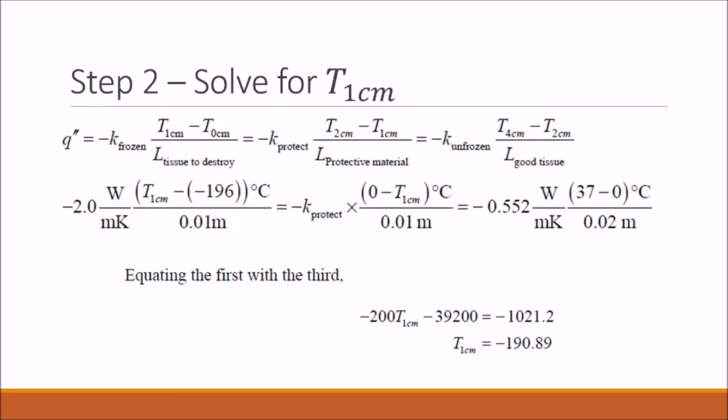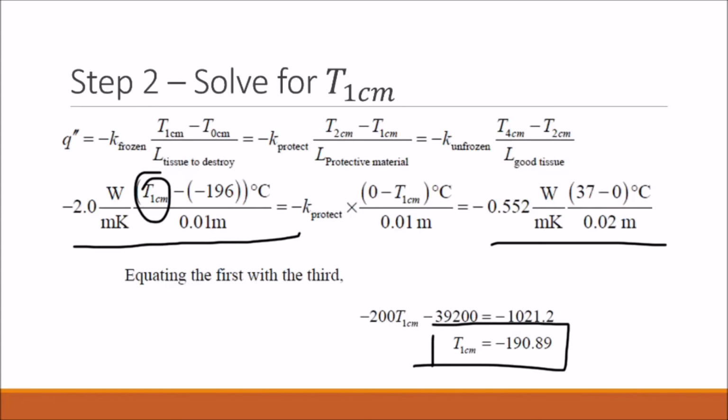Okay, so now let's solve for the temperature at 1 centimeter. If we equate the first flux with the third flux, we can solve for our temperature at 1 centimeter. And we end up getting our temperature at 1 centimeter as minus 190.8 degrees Celsius.